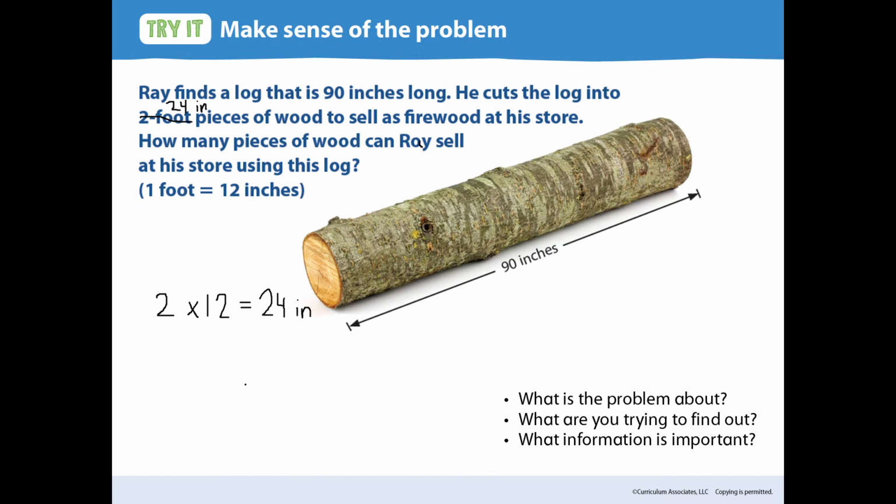So if I take the total number of inches, 90, and each section is 24 inches, I can divide that by 24 to get the number of sections. Now 24 is a little bit harder for me to multiply in my mind, so I'm going to think of something close to it. I'm going to think of 25 to help me figure out how we can get closest to 90, because with 25, I can count quarters easily in my mind. So I can think 25, 50, 75, 100 is too big.